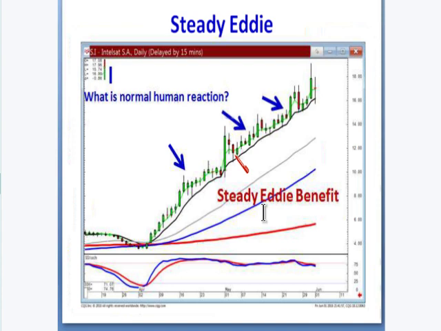And that's very simple. I just stay long until I see a sell signal and close below the T-line.